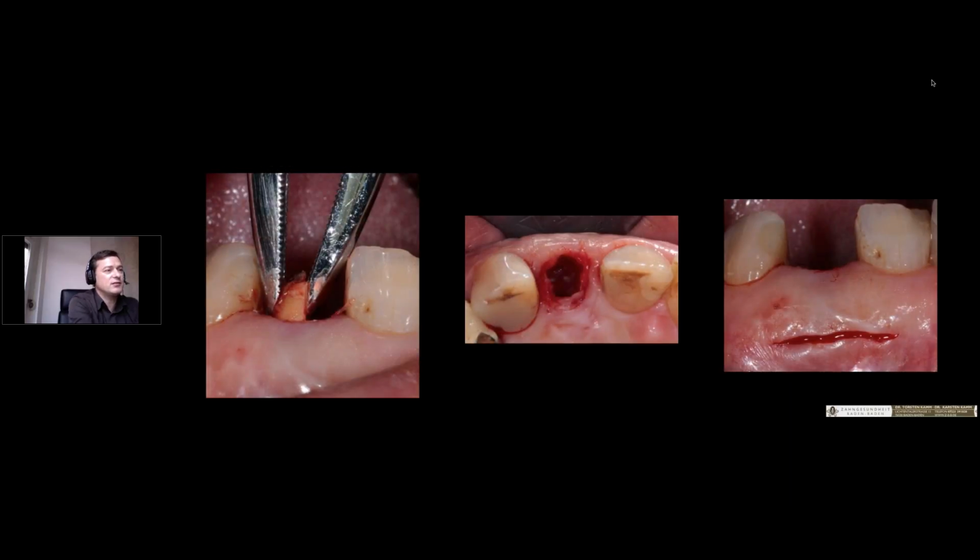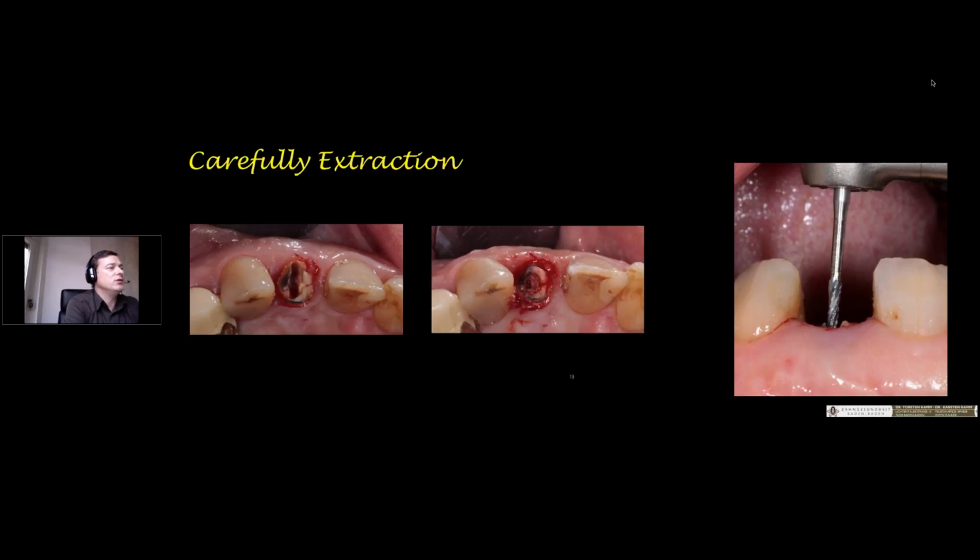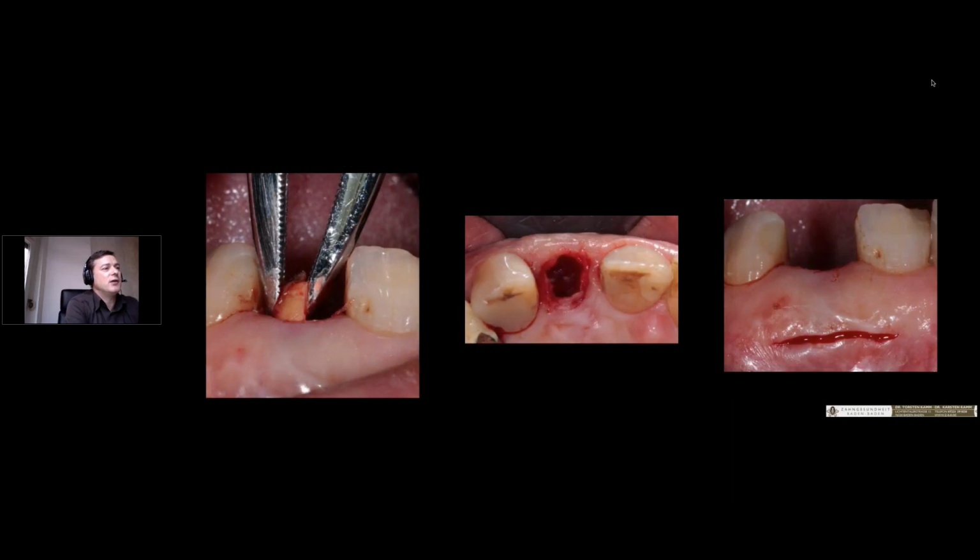You see here some techniques. You can separate the teeth and go a little back. You see in the sagittal direction, you can separate the teeth and take all pieces outside, and after this you see there's no big destruction of the soft tissue.